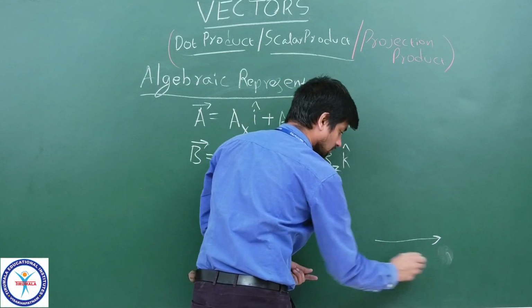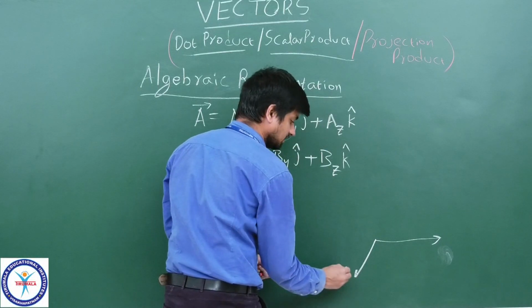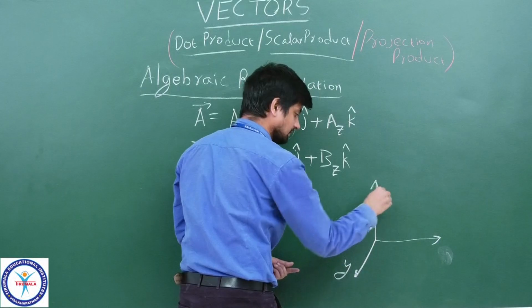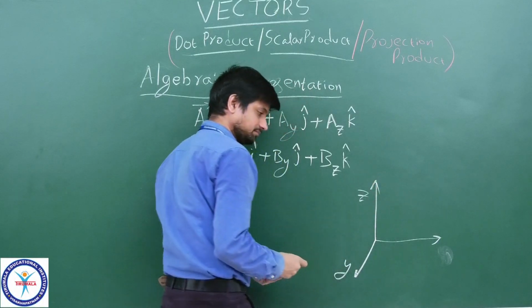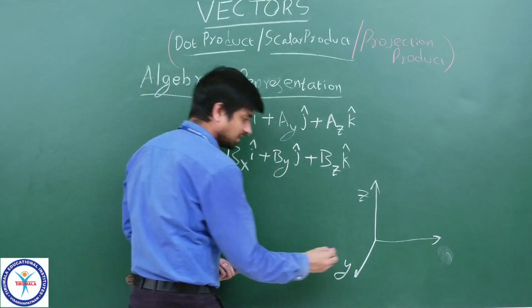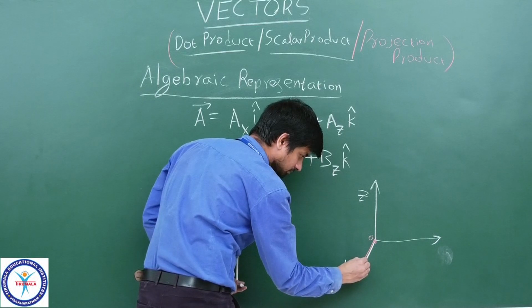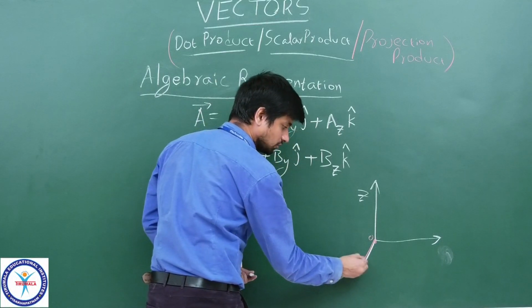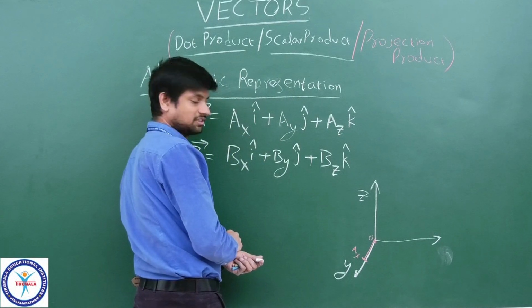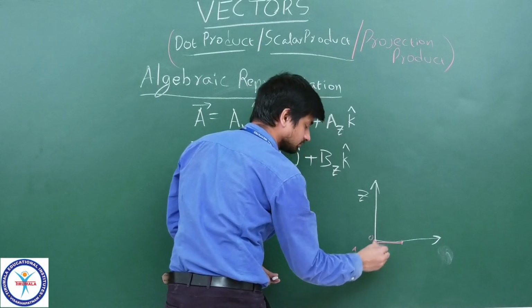Now this is y. Okay, this is z. Now I said a x from the origin, here. So this length where it intercepts is a x. Okay, children. Yes. And this is a y.